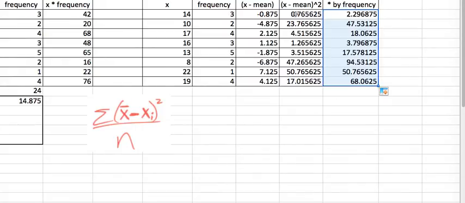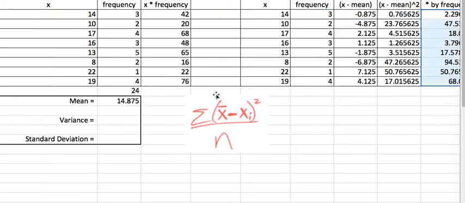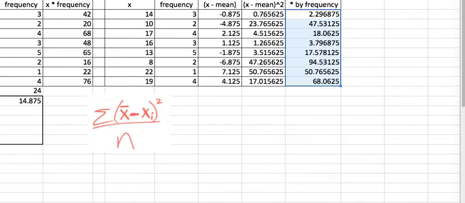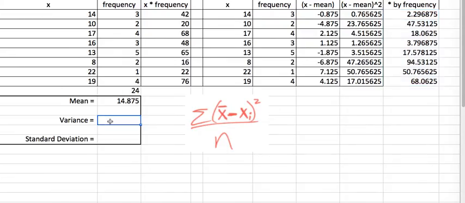So notice, if I would have found the mean of these, I would have only been finding the mean of 1, 2, 3, 4, 5, 6, 7, 8 different scores. By doing this, now I've accounted for all 24 scores. So if I take the mean of those, I'm going to take the total of all these and divide it by that 24 again.